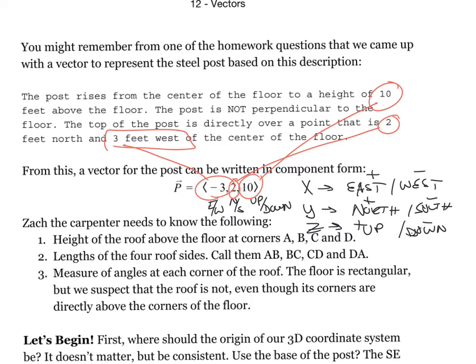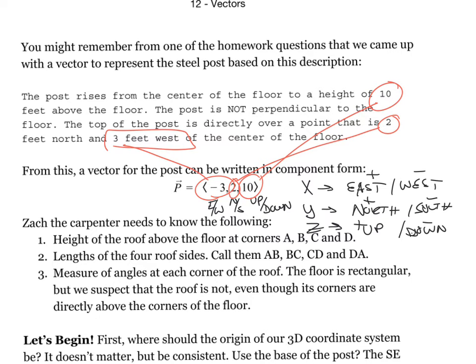And now to review what Zach the carpenter needs to figure out. He needs to figure out the height of the roof above the floor at the corners of the roof, A, B, C, and D, and the lengths of the four sides of the roof, which we'll call AB, BC, CD, and DA.